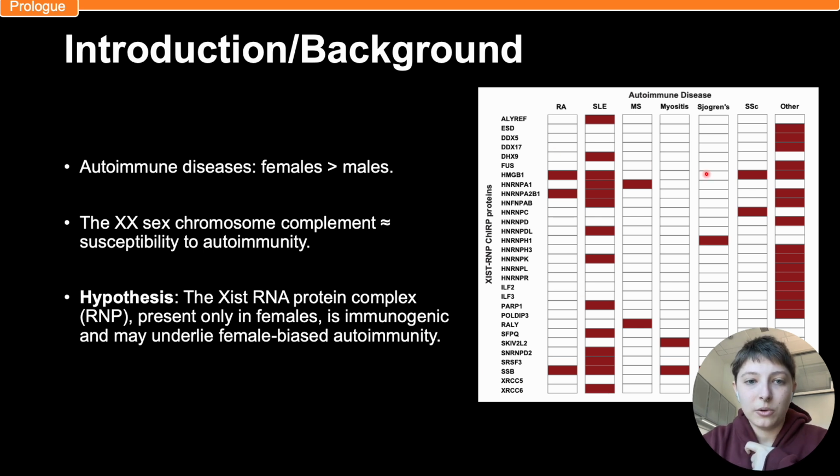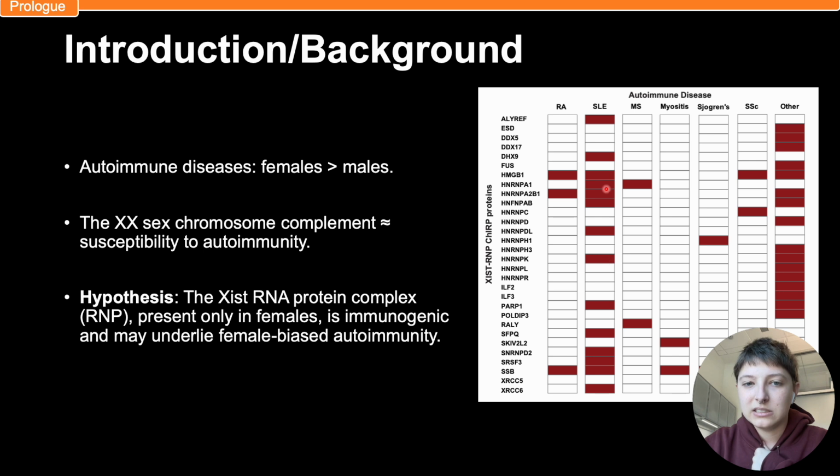Here is a little background on different proteins or components that are associated with this Xist RNP. I think some of these are part of the RNP, but others are just associated with it. You can see for a lot of these, they're autoantigens, and so they're associated with different types of disease.